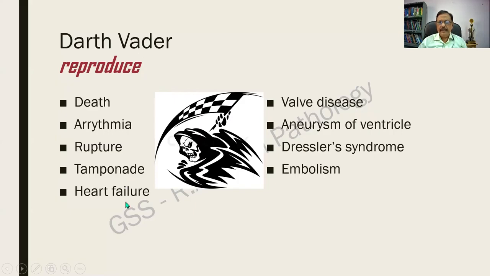Heart failure can be there, and valvular disease, aneurysm of the ventricles, Dressler's syndrome, embolism. And when I say rupture, it can be the papillary muscle or the interventricular septum or the myocardium itself. So this particular one, it is quite popular. Please do memorize it. These are the various complications of myocardial infarction.